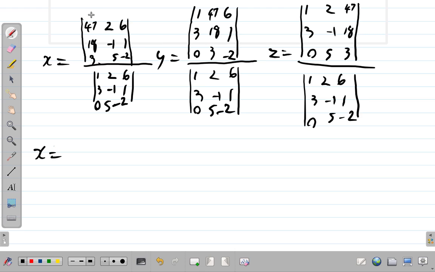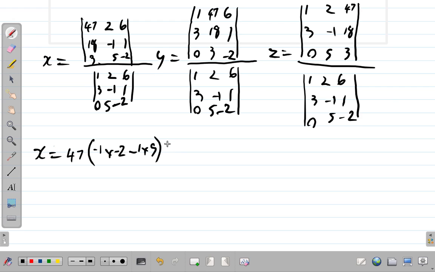We could get some big numbers because of the 47, but that's no problem. Across column 1, we cover the row and column that contains 47. The uncovered elements are -1, 1, 5, -2. So what we have is 47 times -1 times -2 minus 1 times 5.